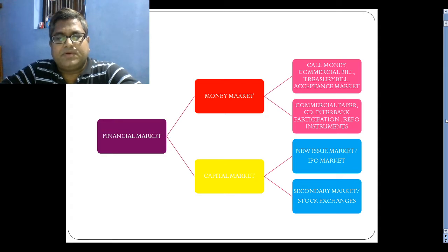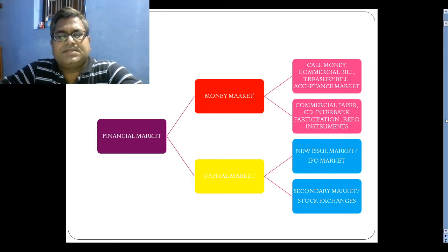Money market has different components: call money, commercial bill, treasury bill, acceptance market, and also some advanced forms of money market, which are commercial paper, certificates of deposit, interbank participation, and repo instruments.